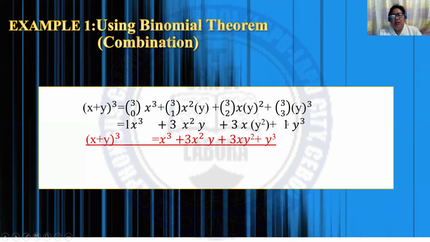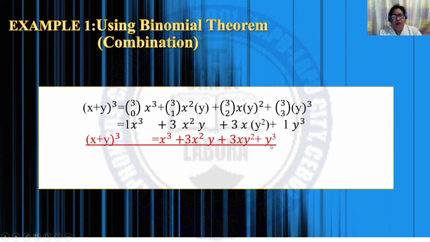Then 3 choose 3 is 1. That's y cubed. And then just simplify further. So the cube of x plus y is equal to x cubed plus 3x squared y plus 3xy squared plus y cubed. Just remember, if the exponent is 3, there are 4 terms in the expansion.